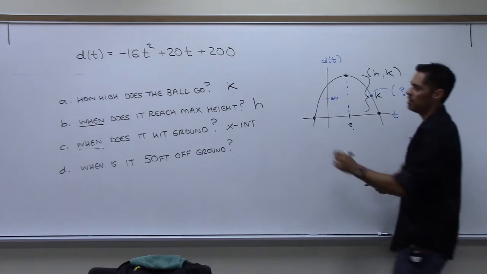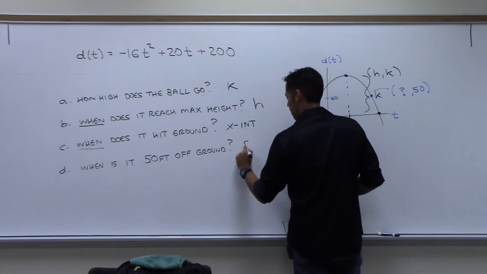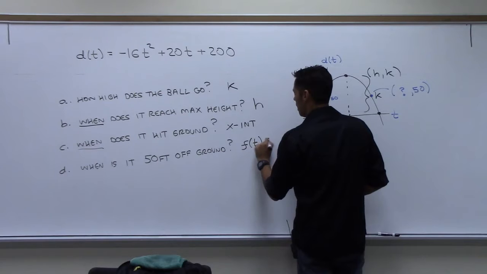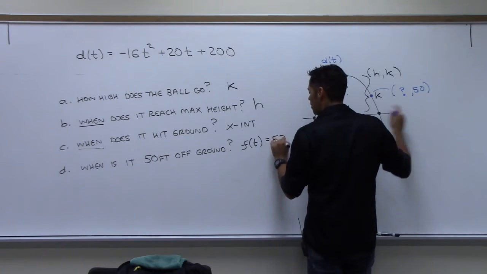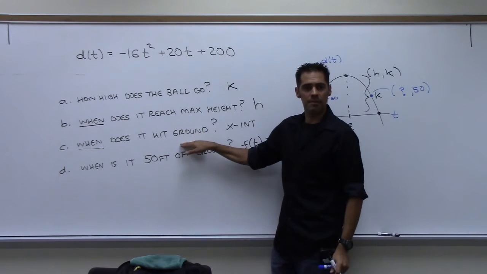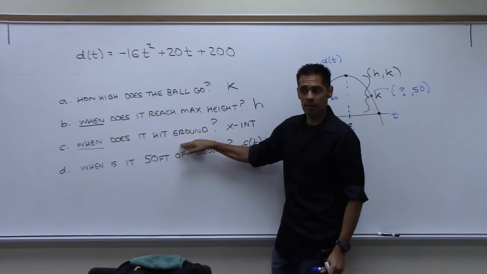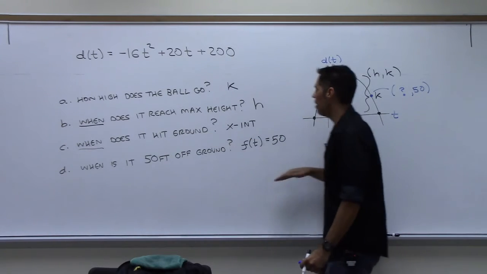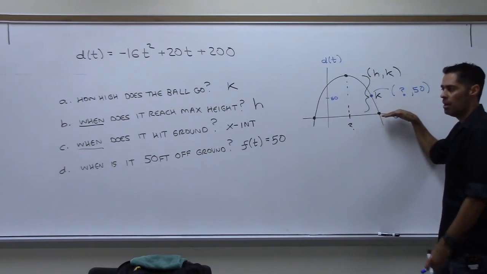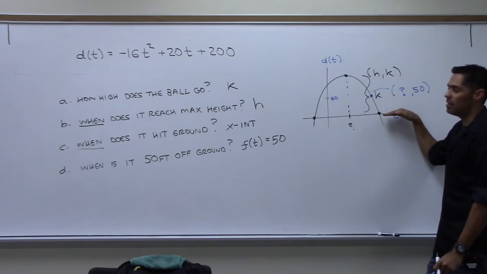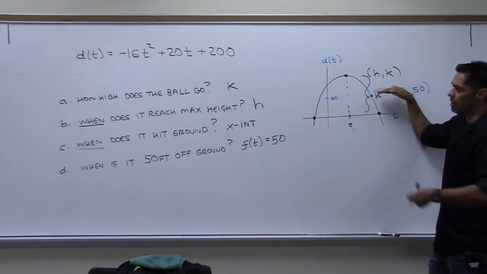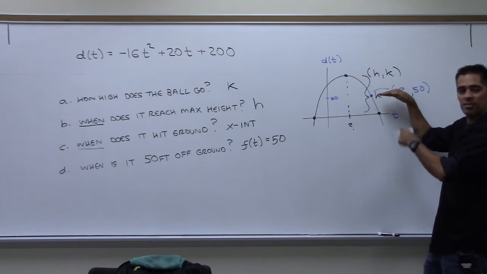What you're going to do is take this function and set it equal to 50. Do you remember what you do to find the x-intercepts? You set the function equal to 0, because you're saying, when is the ball at 0? If I say when is the ball 50, you're going to set the function equal to 50. If I say when is the ball 100 feet off the ground, you're going to set the function equal to 100.